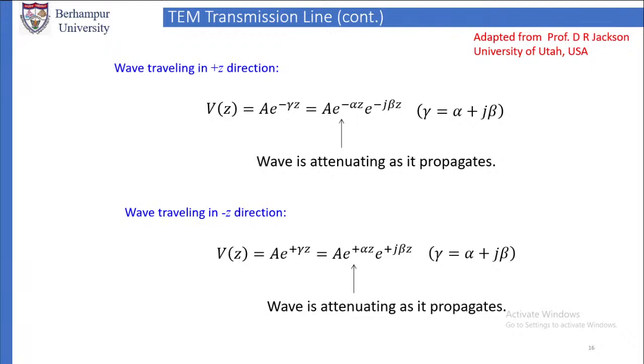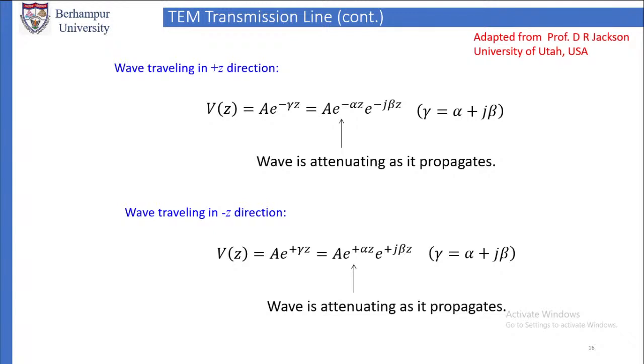Okay. Now let us consider the wave which is propagating in the plus z direction, only the part that is propagating in the plus z direction. Then we will consider the part that is propagating in the minus z direction. In the plus z direction, V is equal to A exponential minus gamma z, that is A exponential minus alpha z into exponential minus j beta z, as gamma is equal to alpha plus j beta.